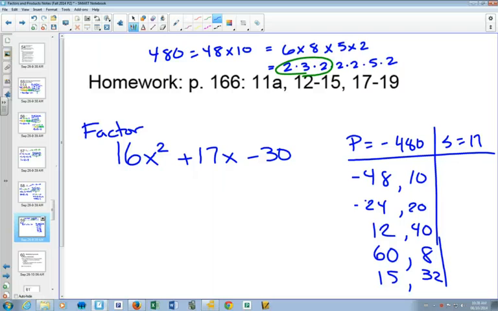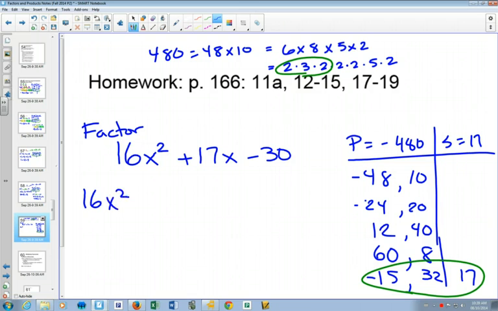Oh my goodness. Check this out. If we make the 15 negative and 32 positive, we get 17. And I'm saying this is the faster technique rather than reverse FOIL. It's still pretty long.